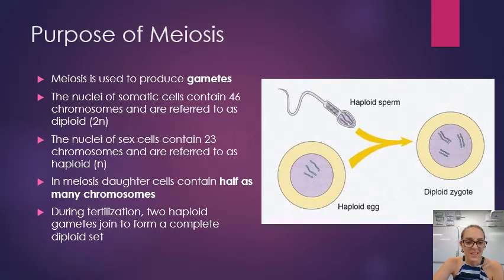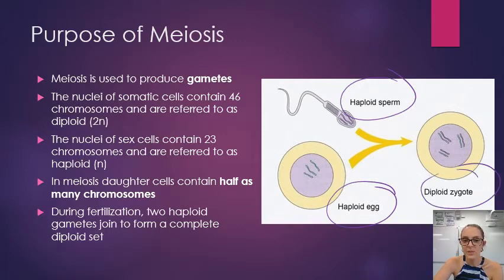The nucleus of our sex cells only contain 23 chromosomes, so we call them haploid, and they're represented as N. So rather than having 2 of each copy, they are a singular set of chromosomes. Therefore, with meiosis, the daughter cells only have half as many chromosomes as the body cells. And during fertilization, 2 haploid sex cells are going to join to make a diploid zygote. It's really important that you understand that terminology to assist going forward with this lesson.